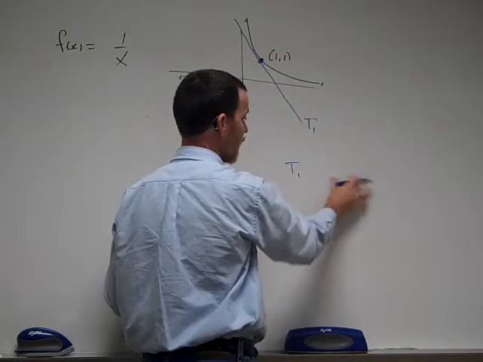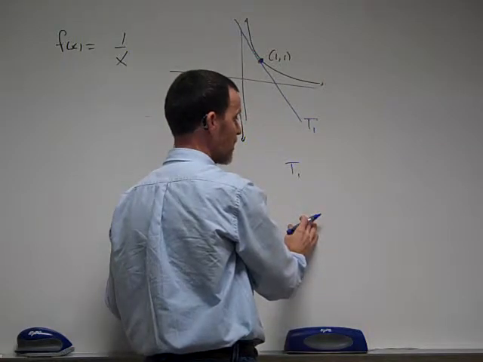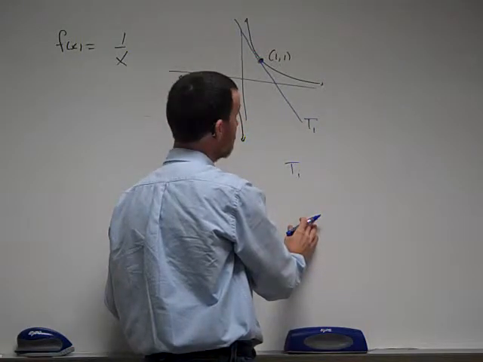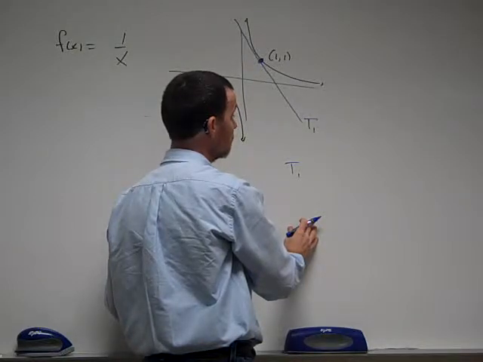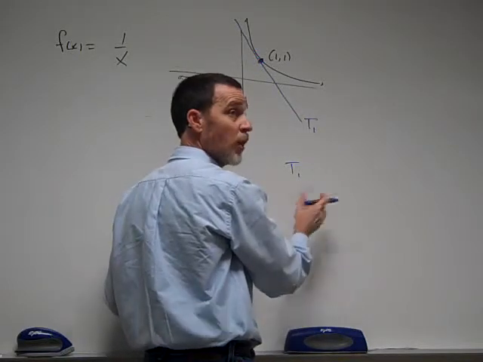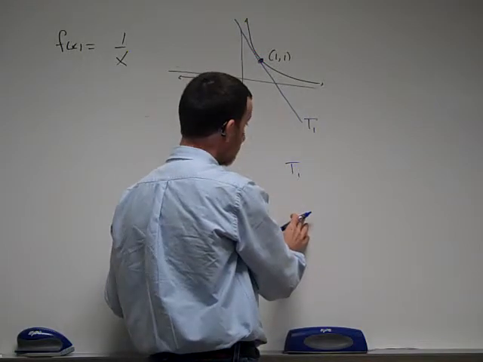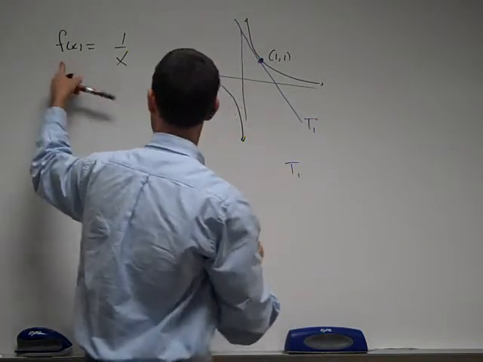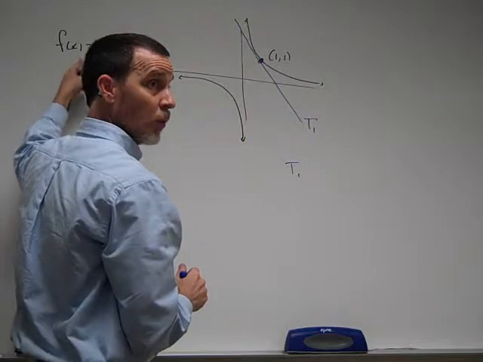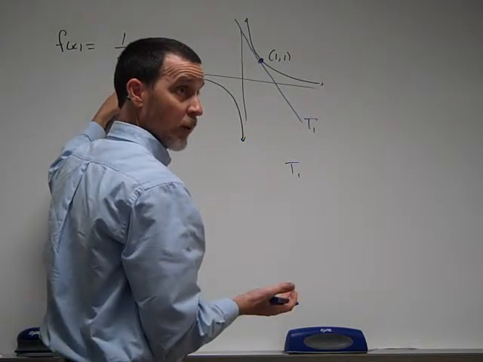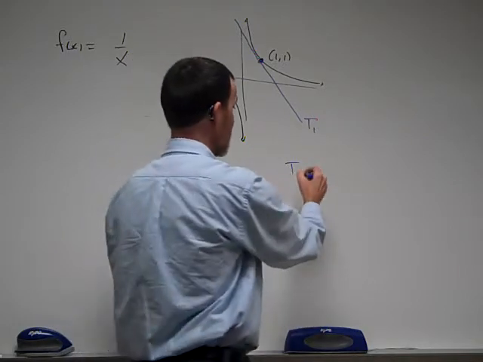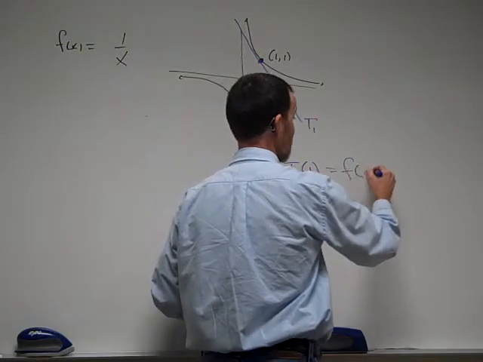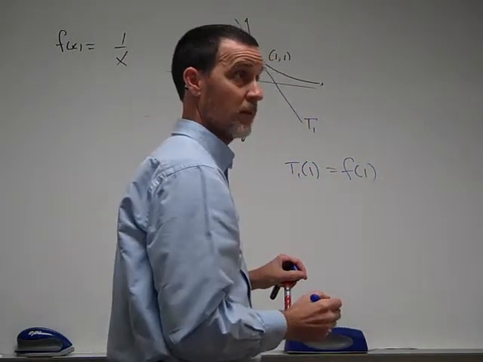How do you say that in function notation? They share the point (1, 1), right? So f of 1 is 1, right? How about T1 of 1? Is 1, right? So T1 of 1 equals f of 1, right?